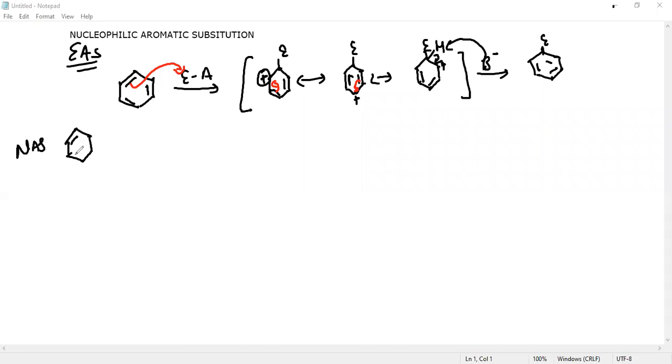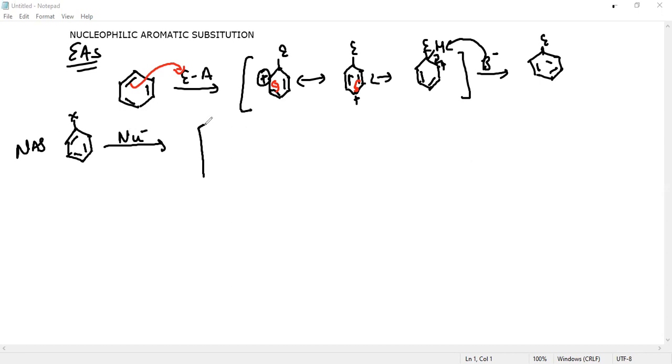Let's quickly draw the benzene ring, and now let's say we have a halogen over here on the benzene ring, and we can do a completely different set of reactions. If we have a nucleophile attacking on this benzene ring, so instead of this benzene ring attacking the electrophile, this nucleophile will go ahead and attack on this benzene ring.